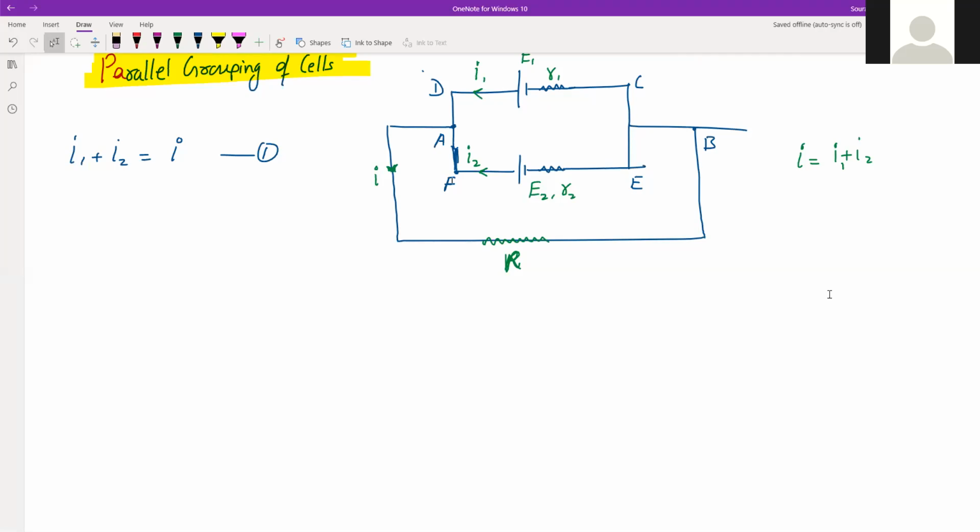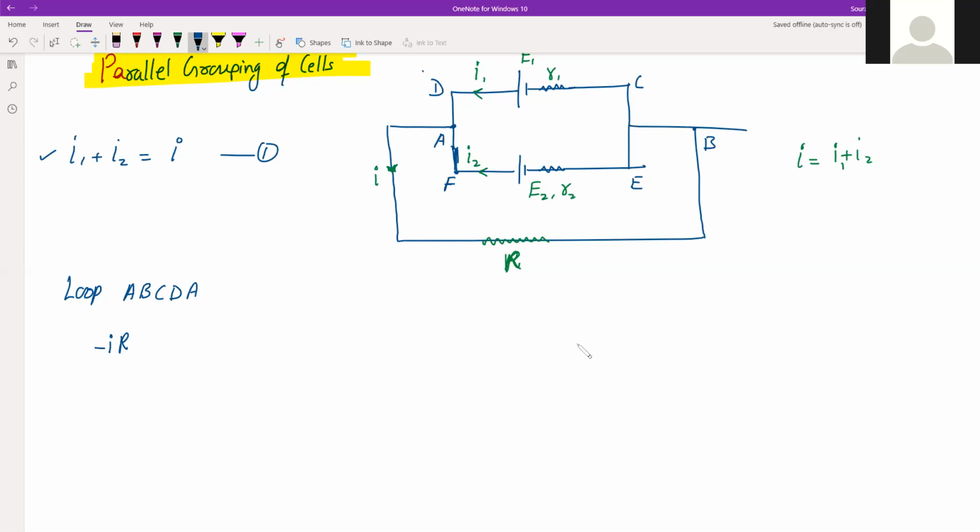Okay. Now one equation we have already had. Now two different equations for two different loops, applying Kirchhoff's loop law. So loop A, B, C, D, A. If I start this loop, then I see that there is minus IR. Why? Because I'm going in the direction of current.